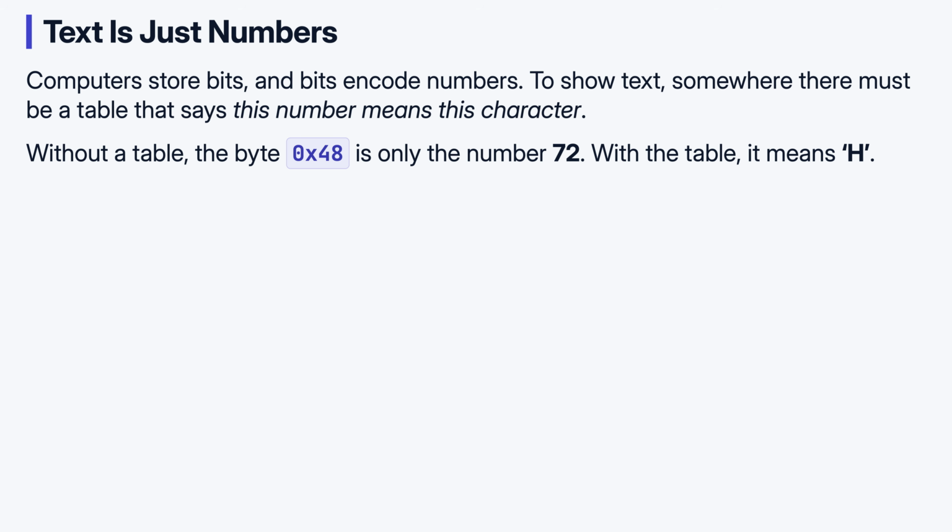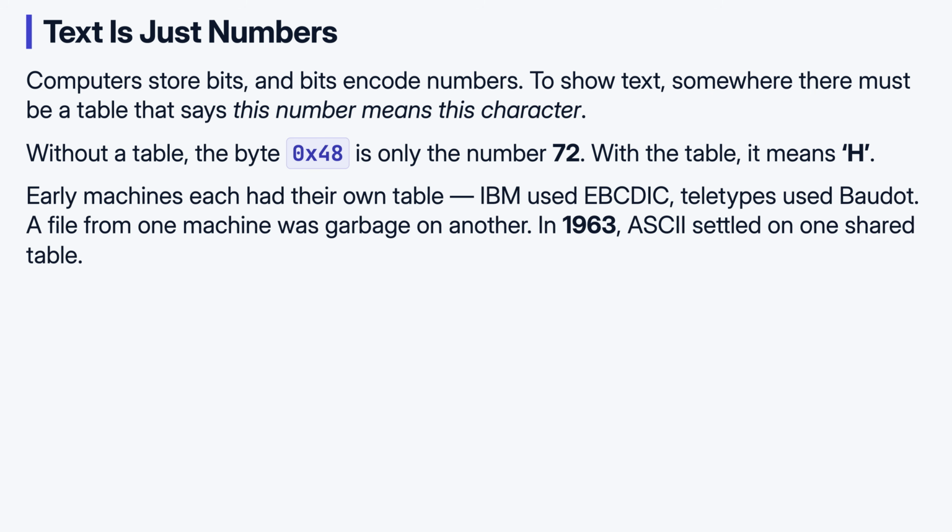It could mean anything. With the table, it means the letter H. The early question was whose table. Every manufacturer had its own. IBM used a code called EBCDIC. Teletypes used Baudot. So a file written on one machine turned to garbage on another. In 1963, ASCII settled on one shared table.